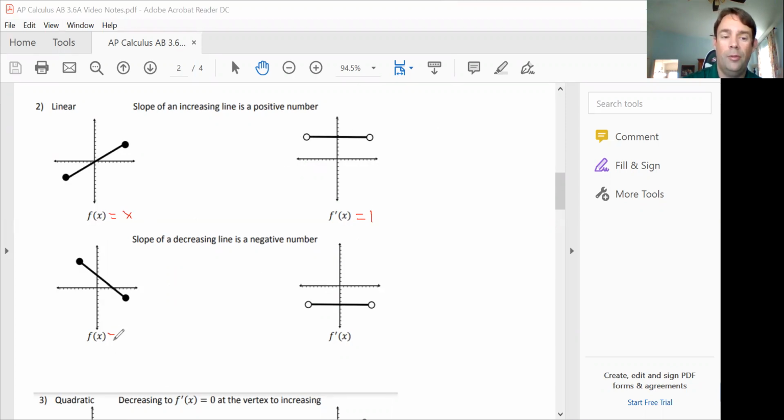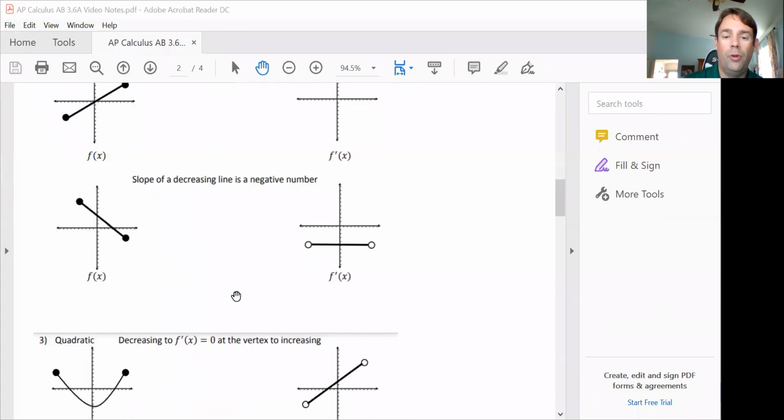How about this one right here? What if that was -2x, that'd be a decreasing line. Take the derivative of it, it'd be -2, so we'd have a horizontal line that had a negative value. Because remember, the derivative is always 1 degree less.